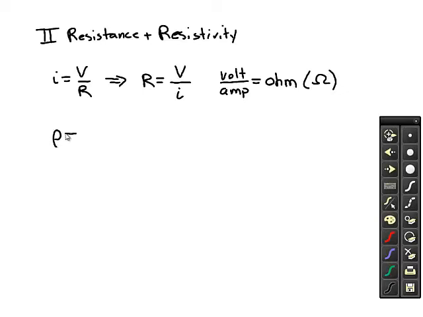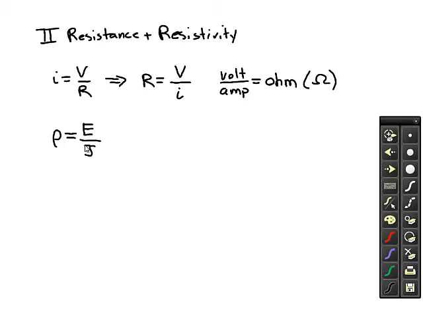For resistivity, we use the Greek letter rho, and it's equal to the electric field through the piece of metal divided by the current density. This should be in your notes already, but this is just a quick review.